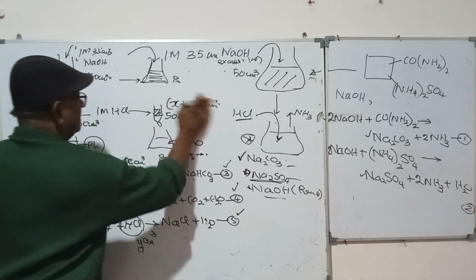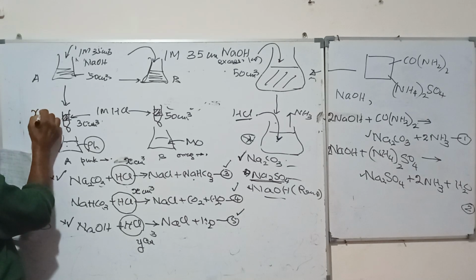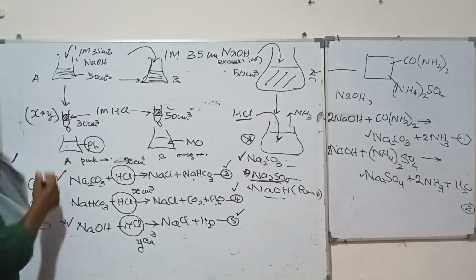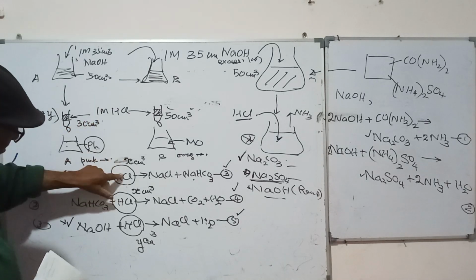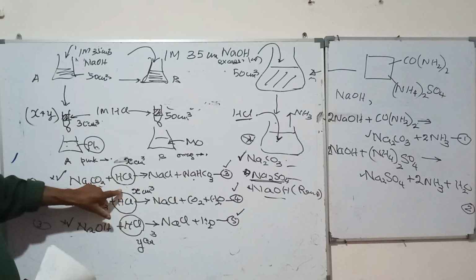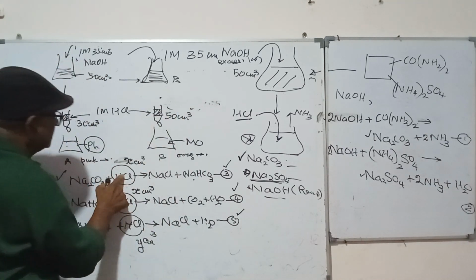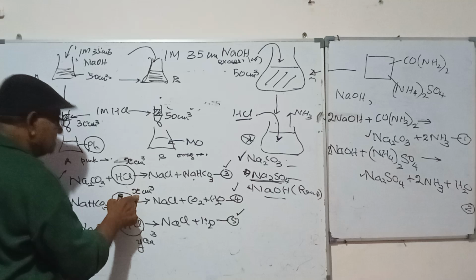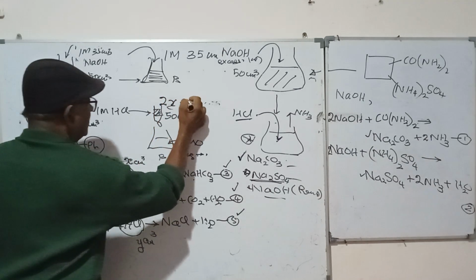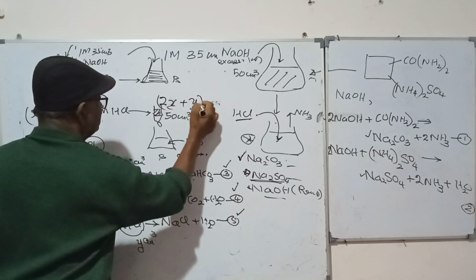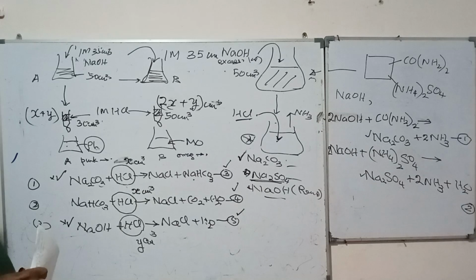In the second titration, all reactions occurred, so it is 2x plus y. These are the respective volumes of HCl.